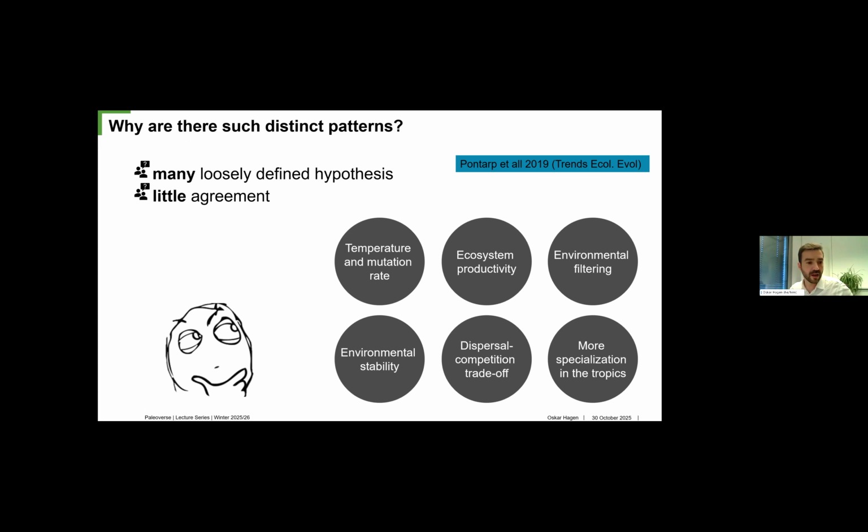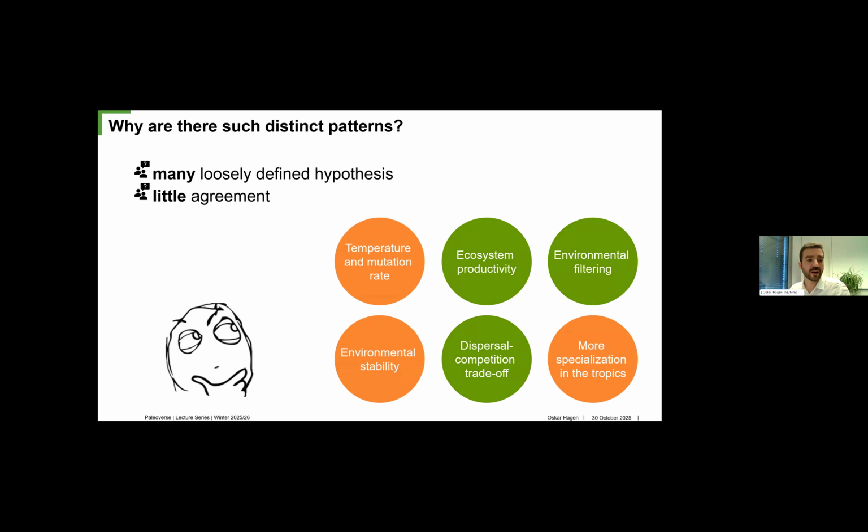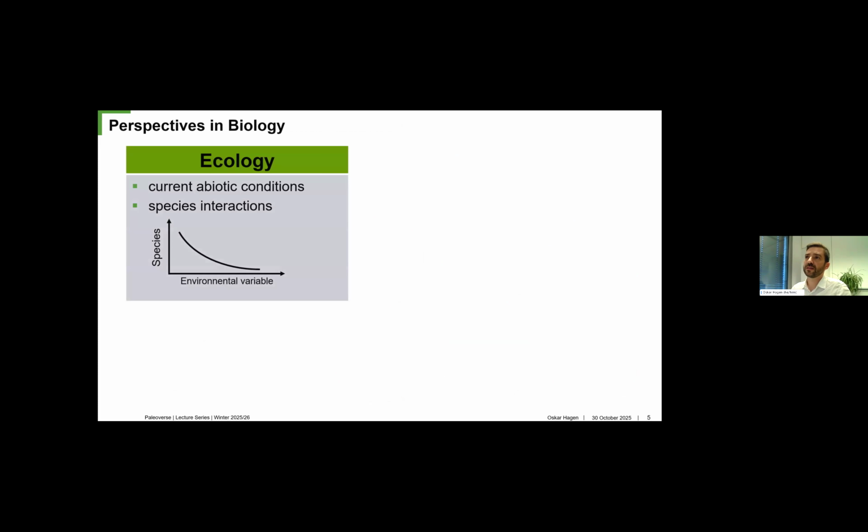So what I like to do in my research is basically step back and look at these theories and hypotheses, and when I do this, I can spot cartoons of two main perspectives. Some of these theories are mostly ecological and others are mostly evolutionary. When you think about the ecological perspectives, they are mostly spatial.